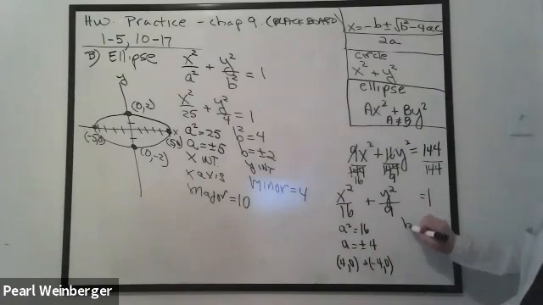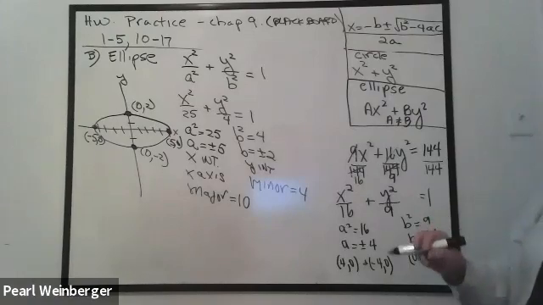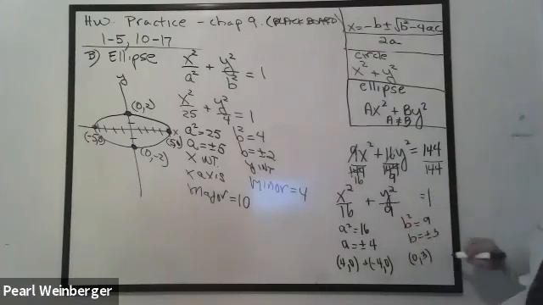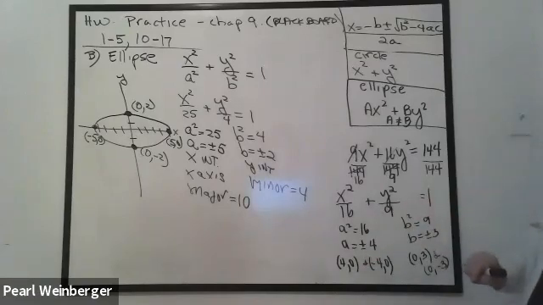The b squared happens to be 9, which means that the b has to be plus or minus 3, which means that the y-intercepts are (0, 3) and (0, negative 3). Remember, when you're doing y-intercepts, the x value is 0.